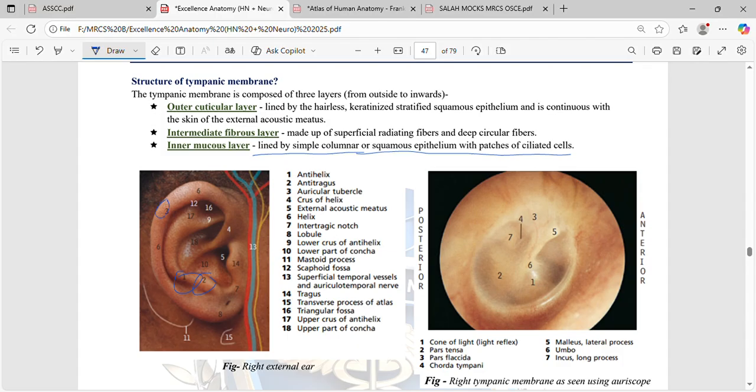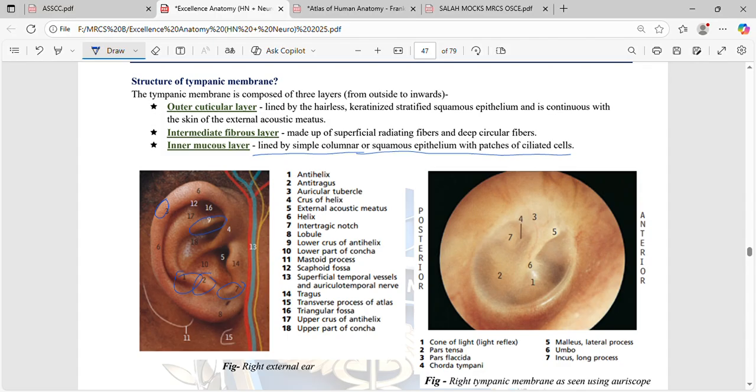And we have six, which is the helix, and seven, the intertragic notch. This is one of the points in the surface anatomy of the parotid duct. Number 8 is the lobule, and number 9 is the lower crus of the antihelix.